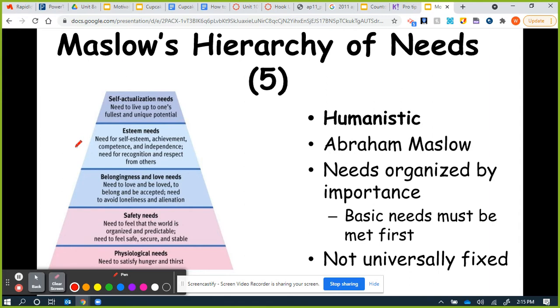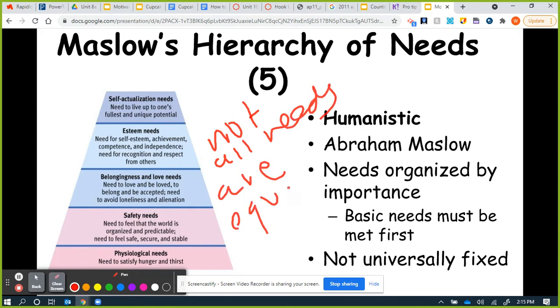What Maslow's hierarchy of needs says, essentially, is that not all needs are equal, and that we are more motivated to fulfill certain needs rather than others. And the needs at the bottom are what we are the most motivated to fulfill. So at the bottom we have physiological needs, like we are motivated to eat, drink, sleep, right?